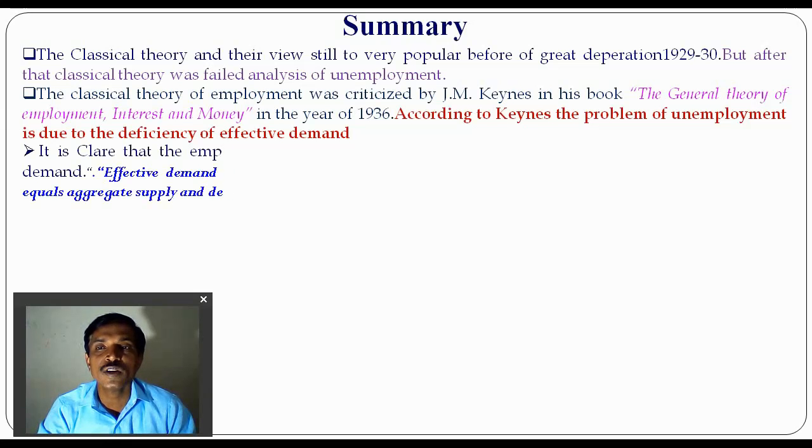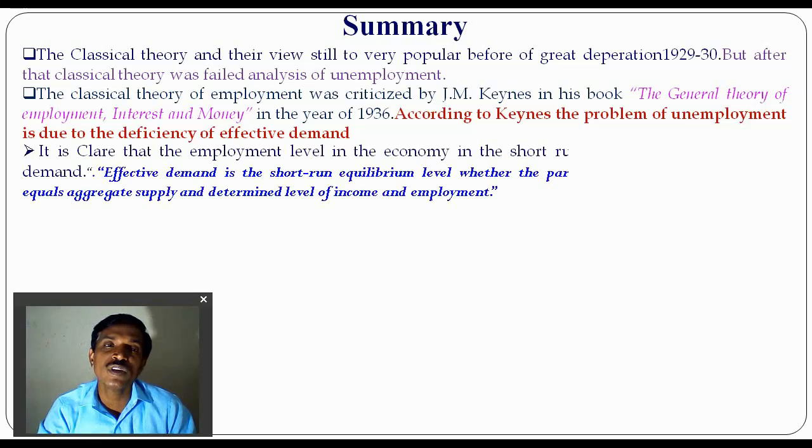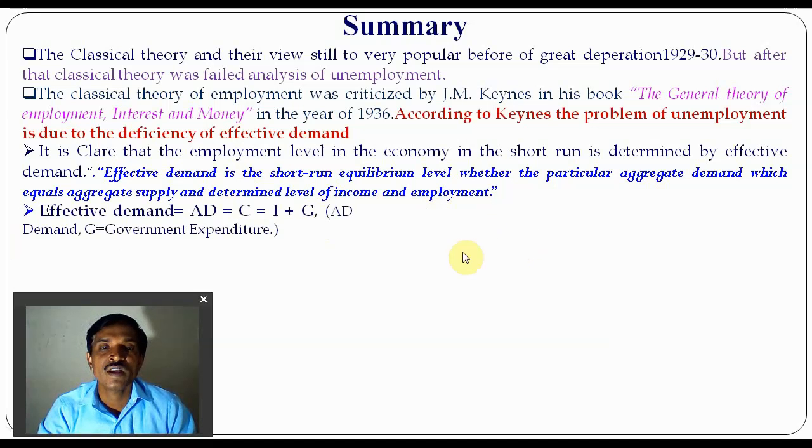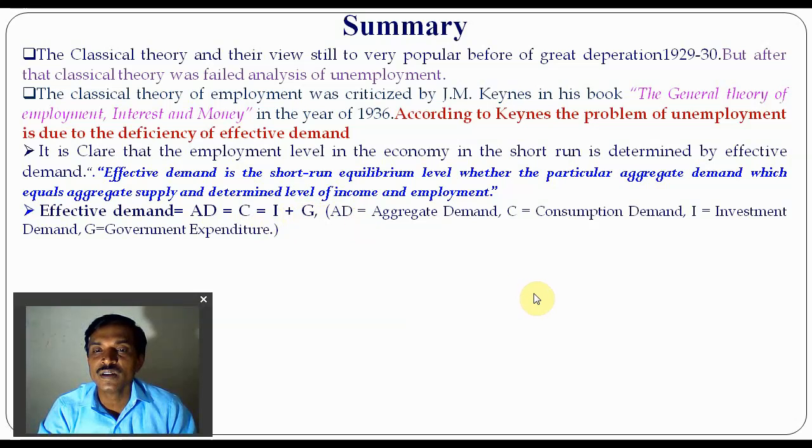According to Keynes, the problem of unemployment is due to the deficiency of effective demand, which is the short run equilibrium level where the aggregate demand equals aggregate supply and determines the level of income and employment. The effective demand is equal to C plus I plus G, where C means the consumption demand, I means investment demand, and G means government expenditure.